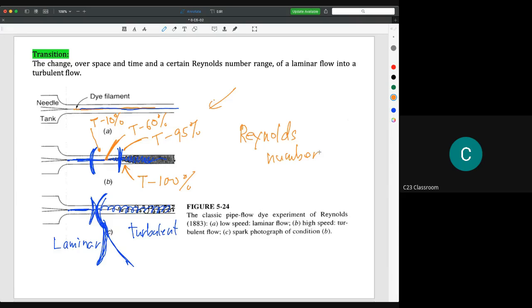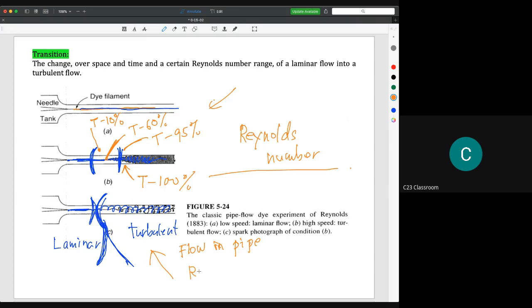And again, you must be careful, because the Reynolds number limits for determining laminar and turbulent are different depending on the application. For example, in this situation the flow is in a pipe.